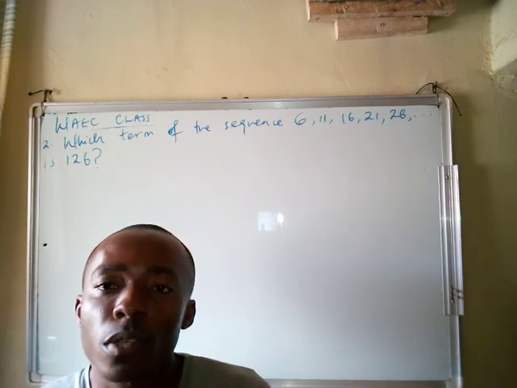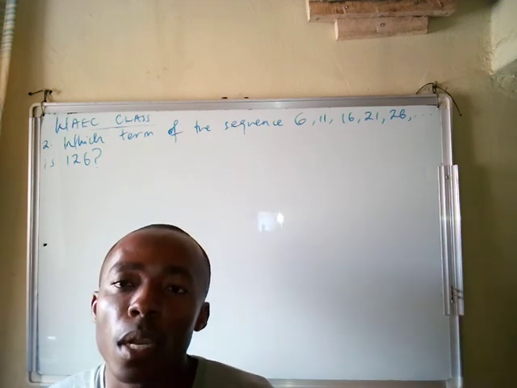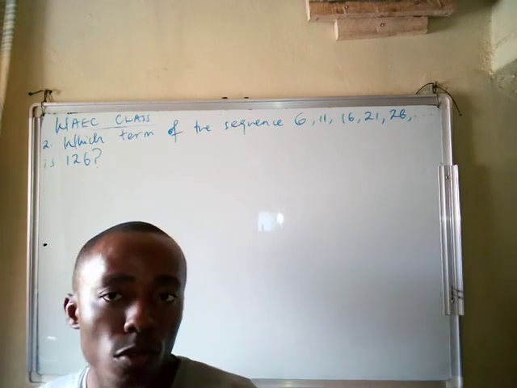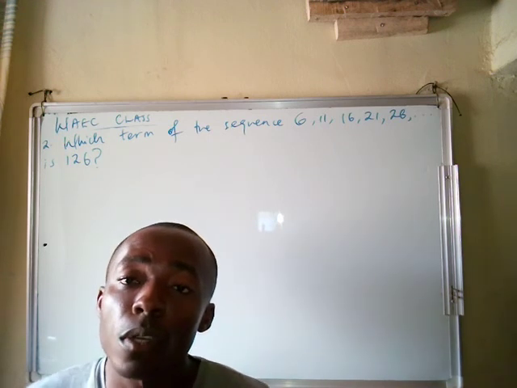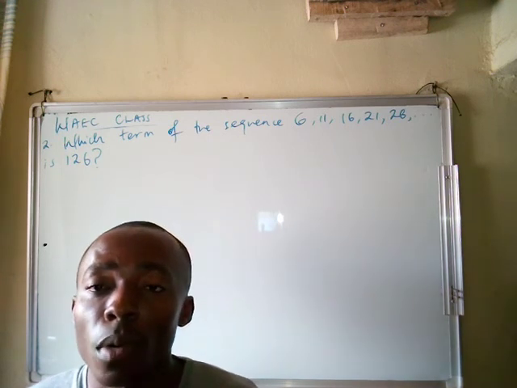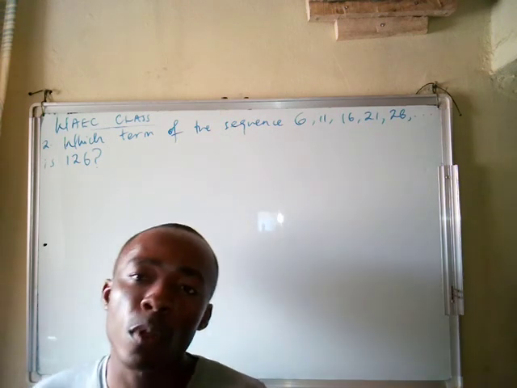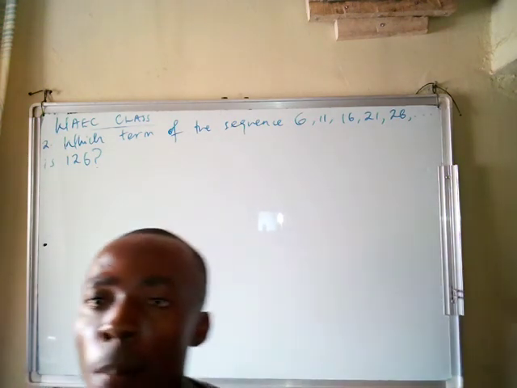So it's not always straight-jacketed. You could always have a twist in the formulas that you are given. All you need to do is, do you know what to do? Do you know how to solve questions on subject of the formula? Because you are going to use it even in your physics. I'm not teaching you physics, but of course, it cuts across everything.